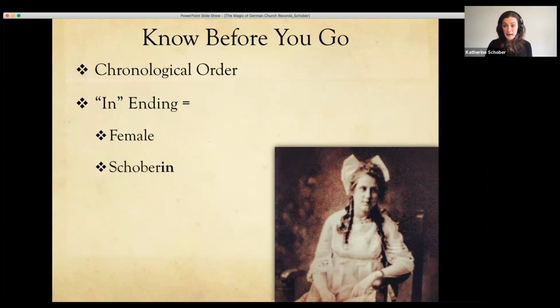If I was written up in a church record, the scribe may have written my name Schoberin. And that IN does not mean that I have a different last name than the rest of my male family members. It just means that I am a female with the last name of Schober. So when I'm translating these, I often just take off the IN because it doesn't affect the last name. Just a grammatical marker saying I am a female with the last name of Schober.